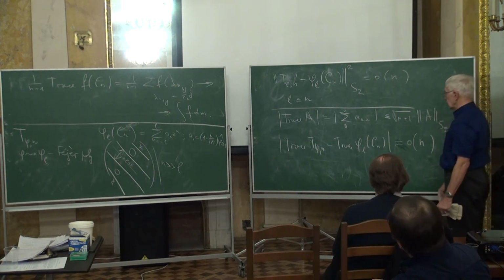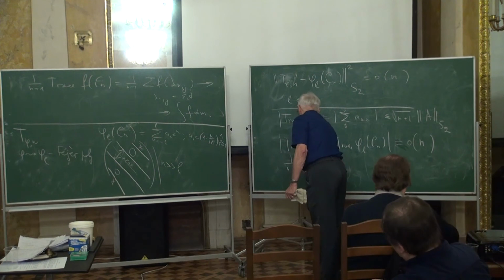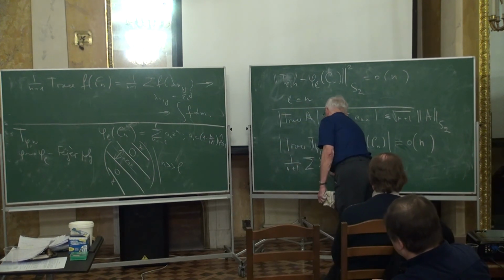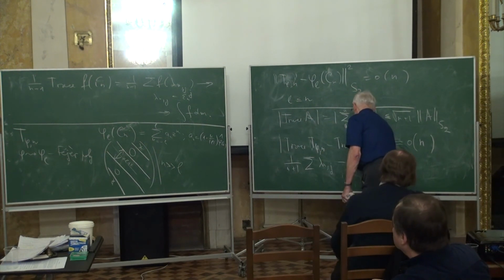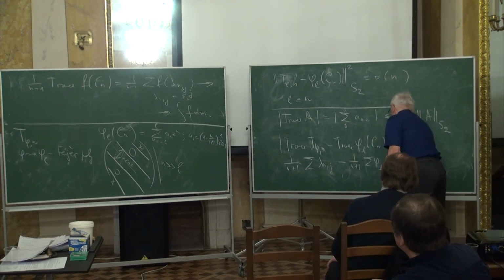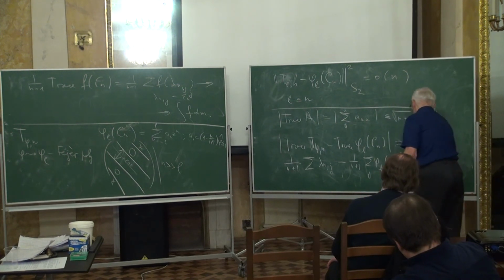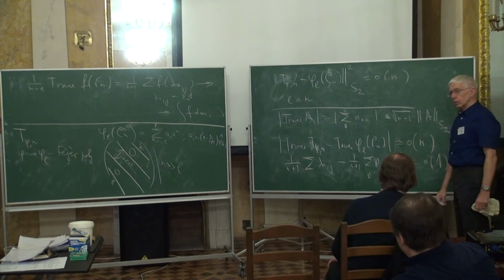So with this, the normalized 1 over n plus 1 summation of λ_nj minus 1 over n plus 1 summation of φ_L(ε_n^j) is small o of 1. Okay?